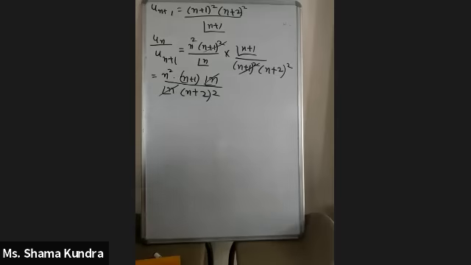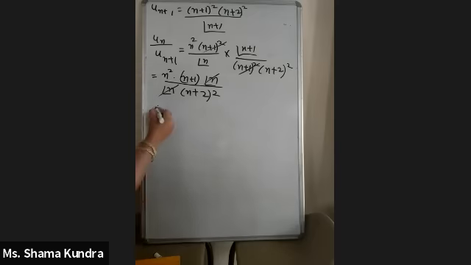Next step is to take the higher power of n common. As in all tests, we have to make n in fraction and we have to take limit n tends to infinity.